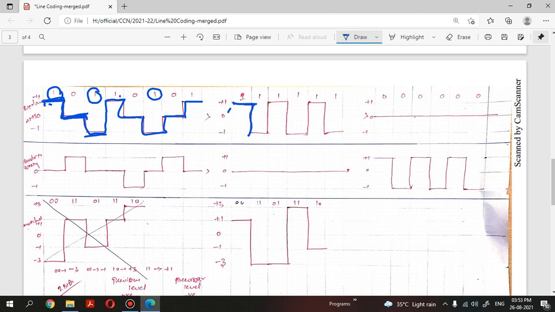The previous one is given positive voltage and the next one is given negative voltage, then positive again. So we always have fluctuations in current if I get consistent ones. If I get consistent zeros, I always maintain 0 voltage. So surely when I get consistent zeros, this will cause baseline wandering and DC component problems. That is the problem with the bipolar AMI mechanism.